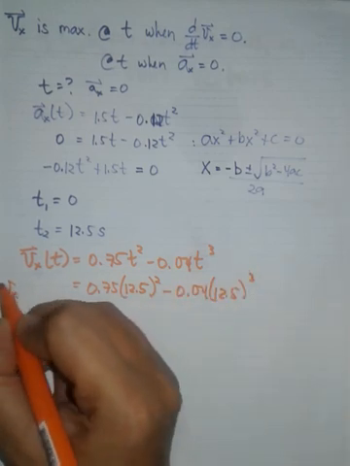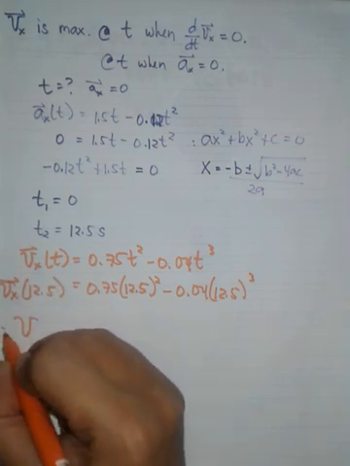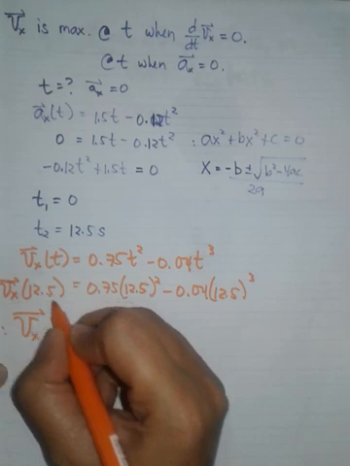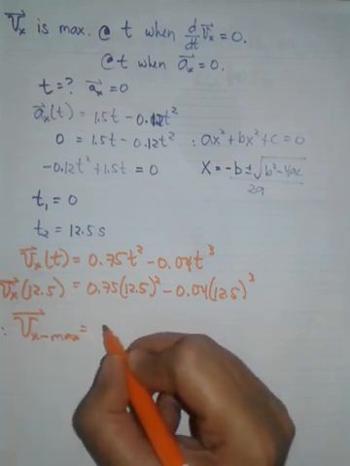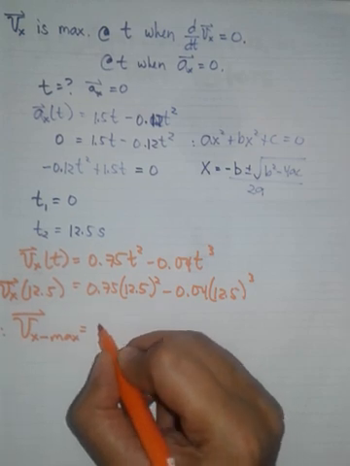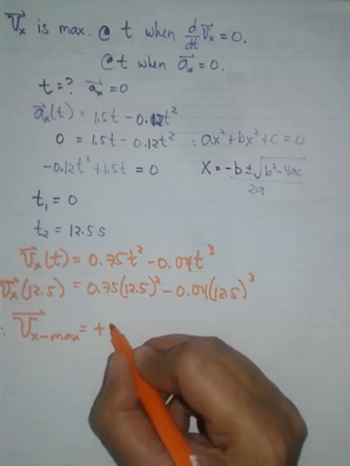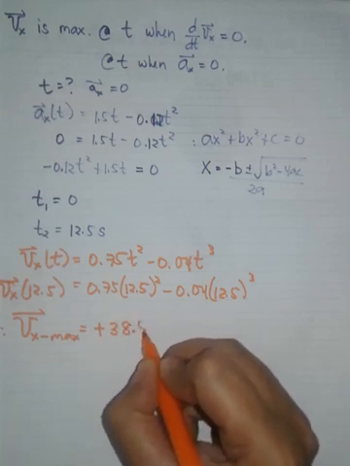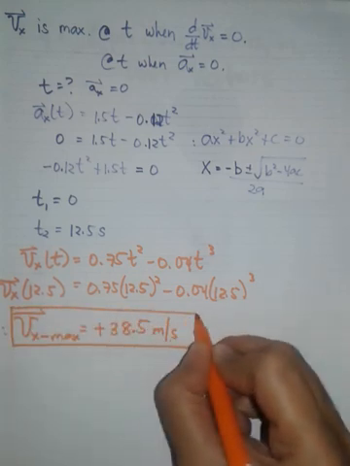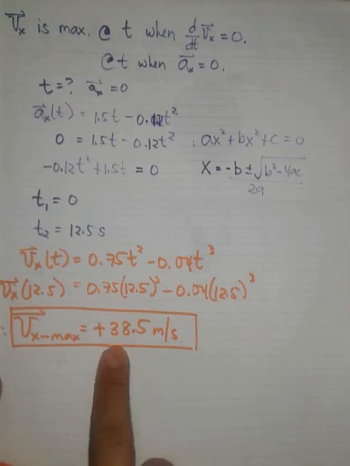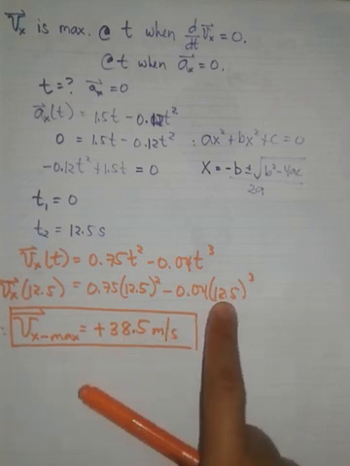So, this is now velocity when time is 12.5. Okay? And then, therefore, the velocity now, when time is 12.5, sabi natin, ito na yung maximum velocity. And this is around positive 38.5 meters per second. So, ito yung maximum velocity na naabot niya, and nangyari ito pagpatak ng 12.5.